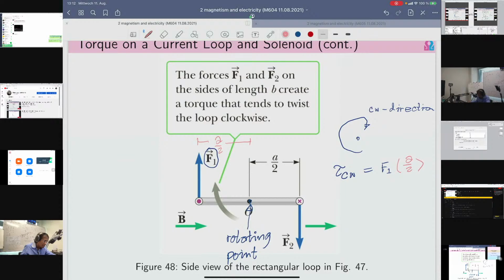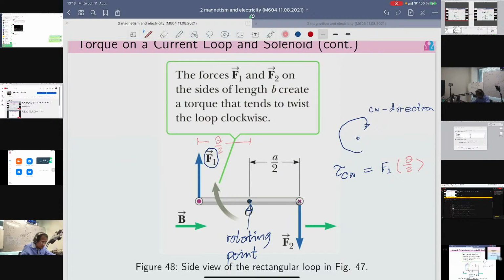It's counterclockwise. It tries to rotate this bar in the clockwise direction, but there is another possibility. Here on the right side you have F2, pointing downward, and the distance from the reference point is also A by 2, right?